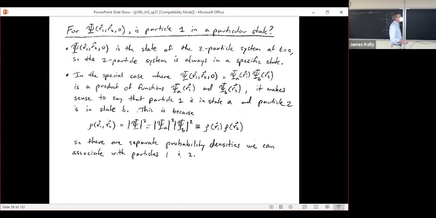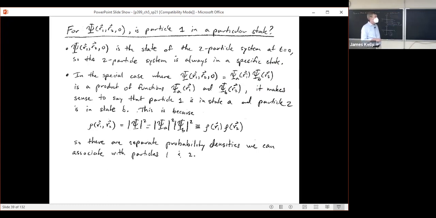The only reason it did make sense in this case was because our wave function had a special product kind of form. In other words, this general function of r1 and r2 happened to be a product of a function of r1 and a function of r2. That's clearly not generally going to happen.